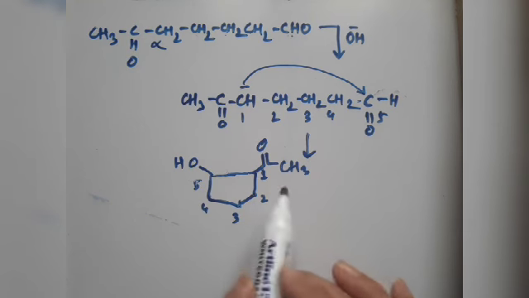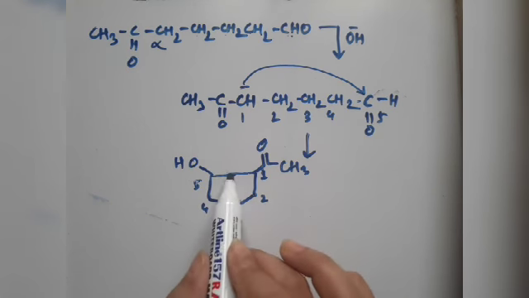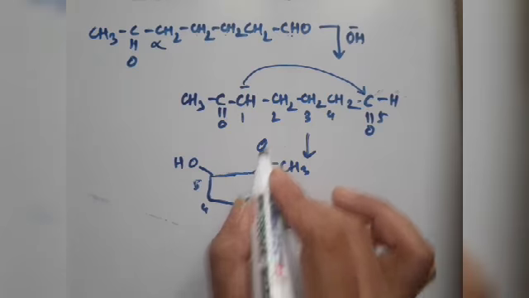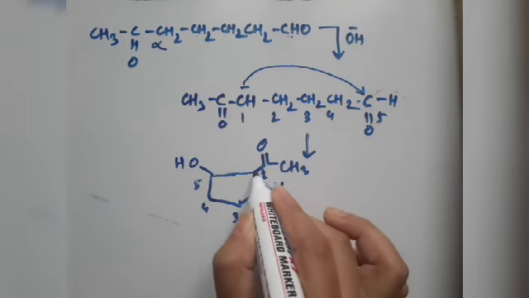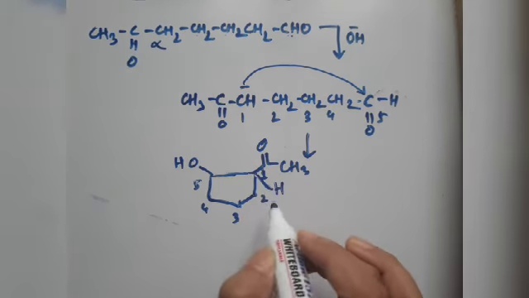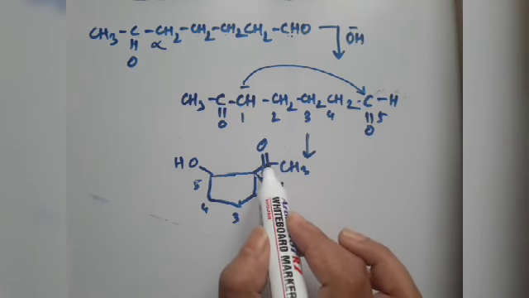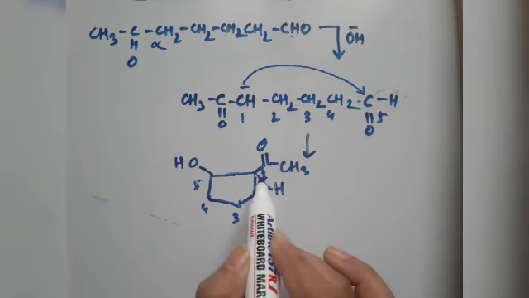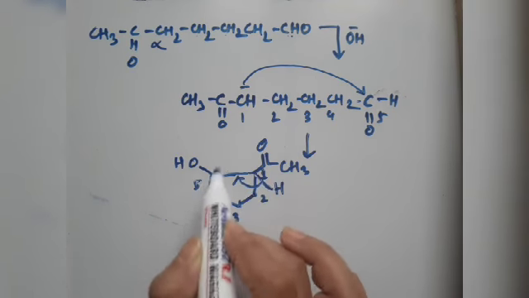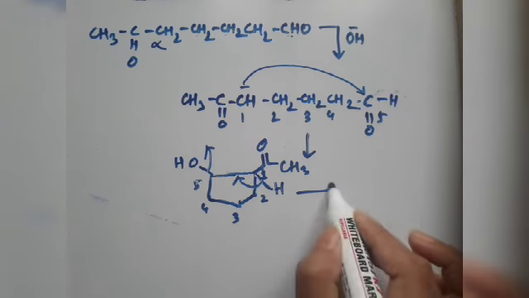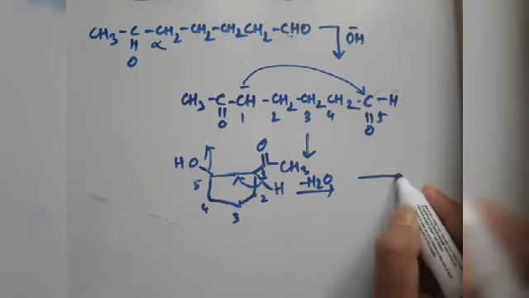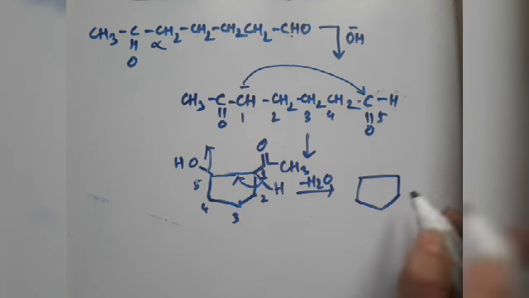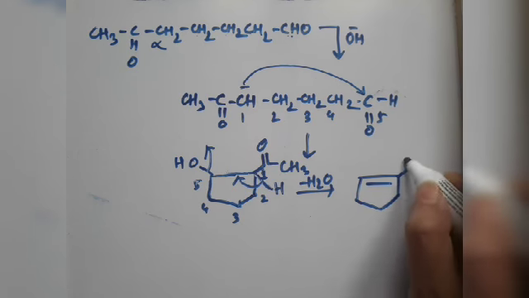From which side dehydration will occur, now you have to decide. So 1, 2, 3, here we have one hydrogen atom also, right? This hydrogen atom is sufficiently acidic due to the presence of this carbonyl group over here. So a water molecule will be liberated from the system, forming this one.